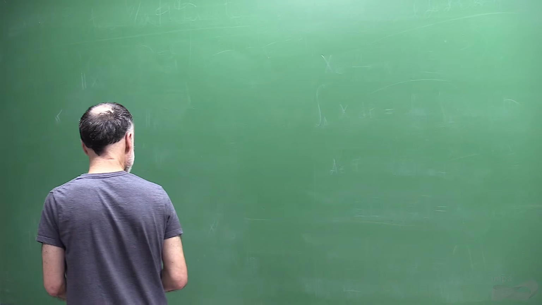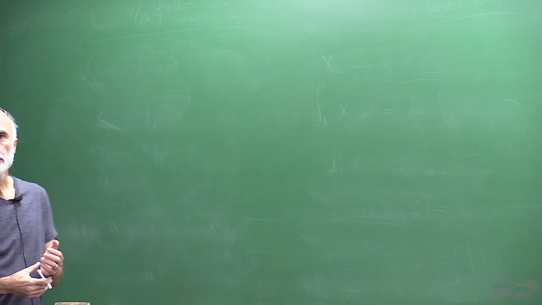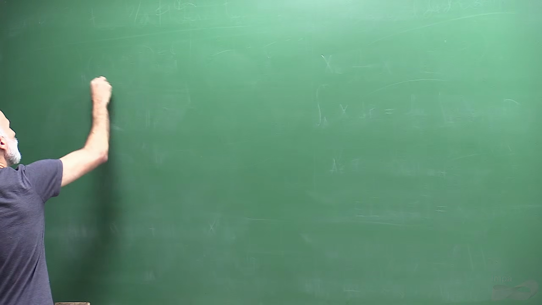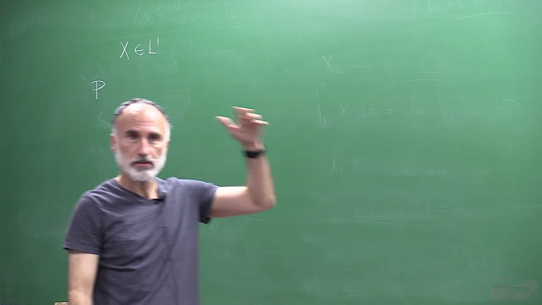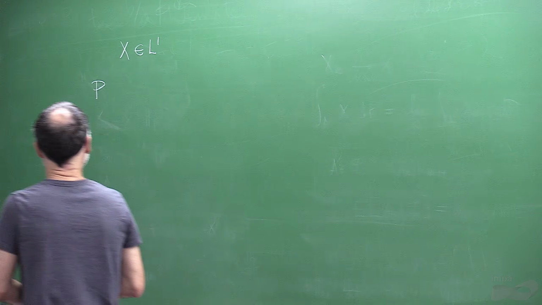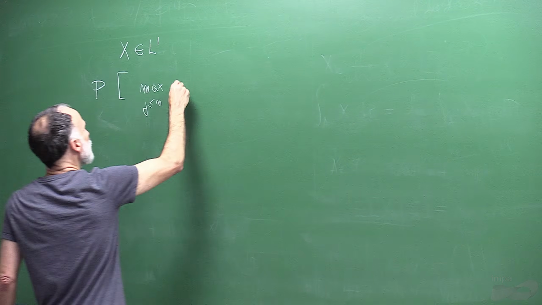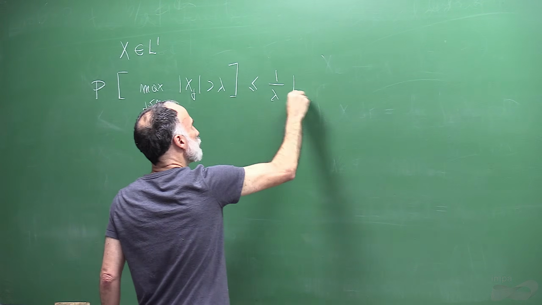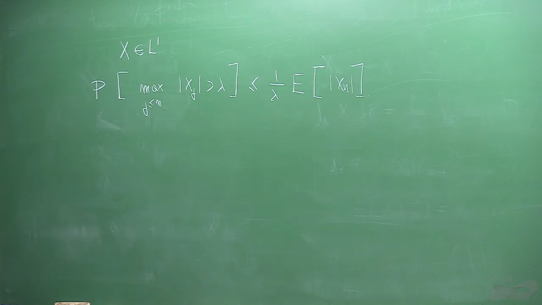Okay, so here is an observation. Let's use Doob's inequality. Let's see that Doob's inequality is really strong. So I have X in L1, the limit, and I define the martingale associated to X. What Doob's inequality tells me is that the probability that the max over j less than n of |Xj| is larger than lambda is bounded by 1 over lambda times the expectation of |Xn|.